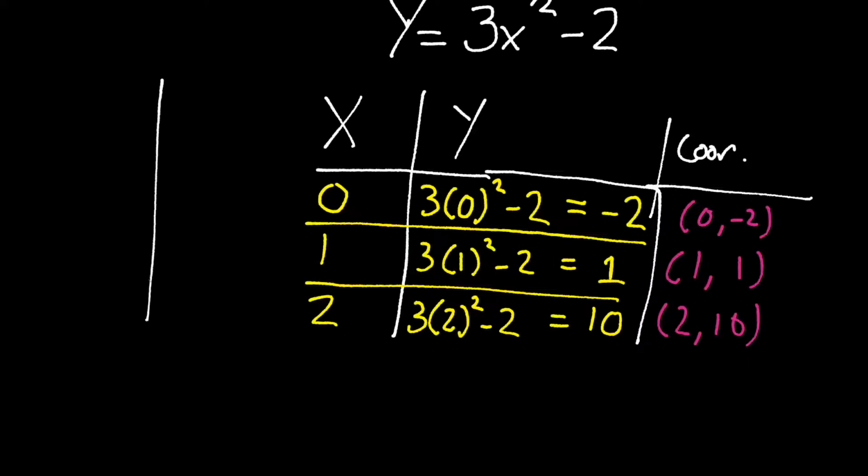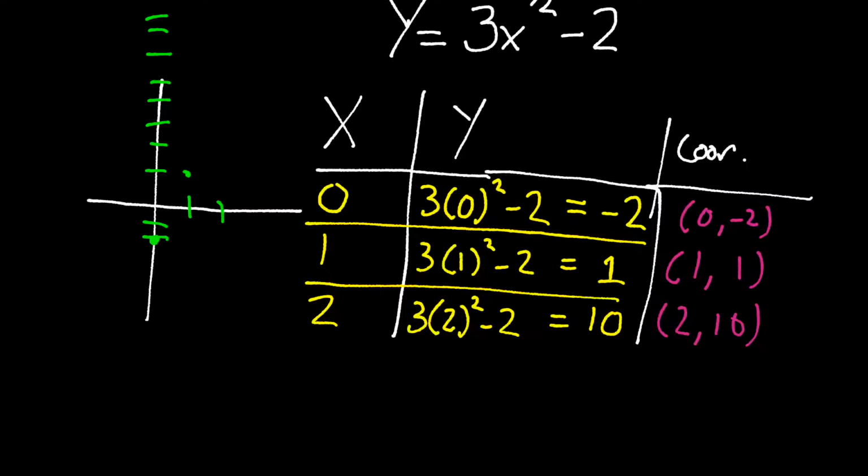But start off at (0, -2), so I don't go over left or right at all, but I do go down 2 to (0, -2) there. Then I have (1, 1), so I'll go over 1 and up 1 to be right there. And then I have (2, 10), so I'll go over 2 and up to 10.